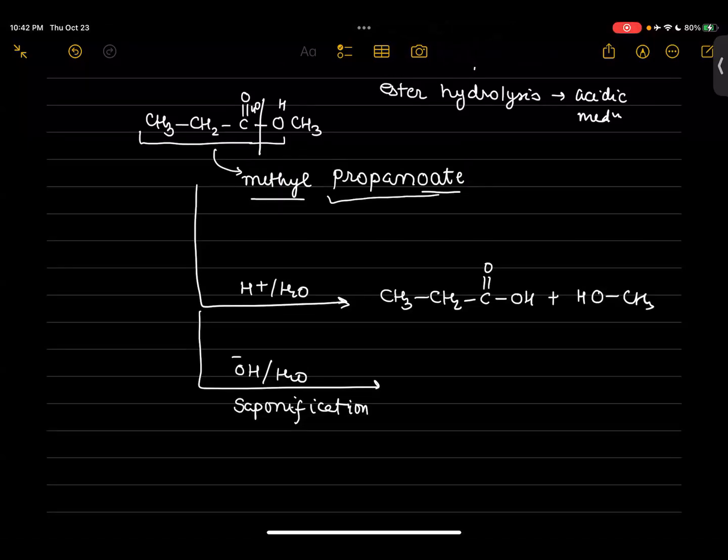So you take long chain esters and you hydrolyze them in the basic medium. So what are we going to get in this case? Let's say if we have taken NaOH, we are going to get CH3, CH2, COONa, and CH3OH. Got it?